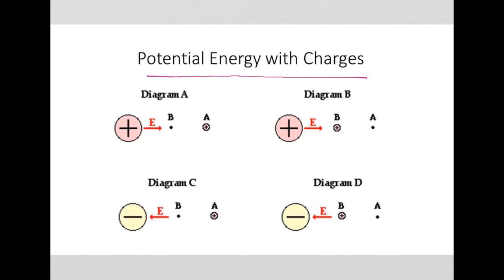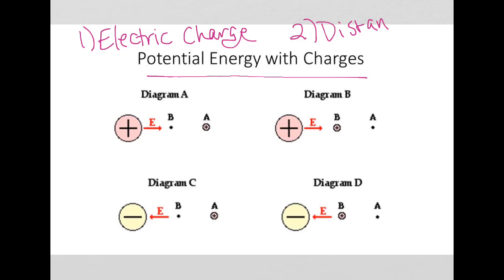Similarly, potential energy works the same way with electric potential energy. And electric potential energy is determined, for the most part, by two quantities. The first quantity is going to be the electric charge. So two items with larger charges will have stronger potential energy and electric fields associated with them, as well as the distance from the source, or from whatever is creating the electric field, or the distance between the charges.